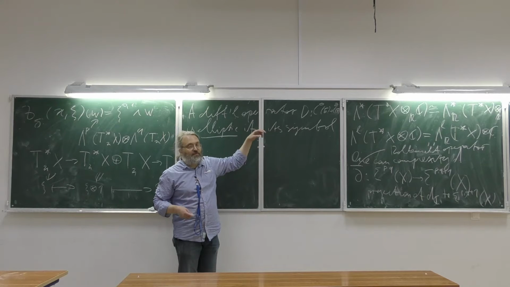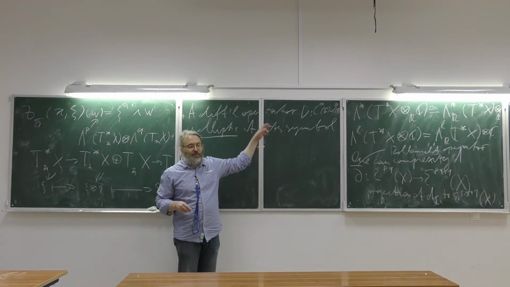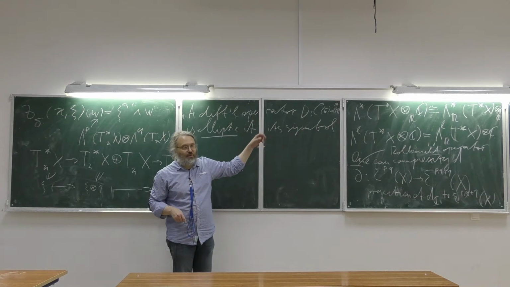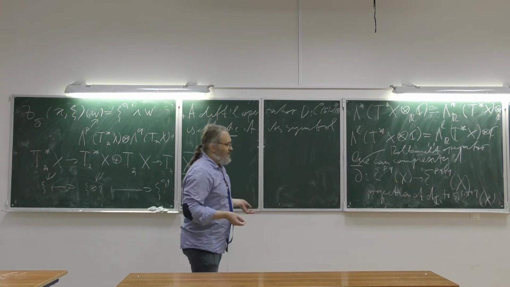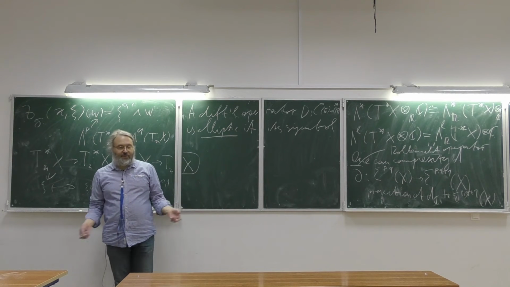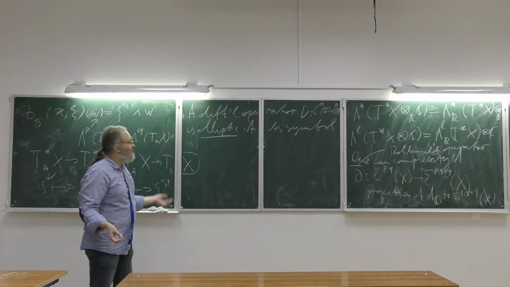When we talk about the symbol, by default we mean the symbol of the same order as the order of the operator, because all other symbols are either not defined or are identically zero, and as such they aren't very interesting.